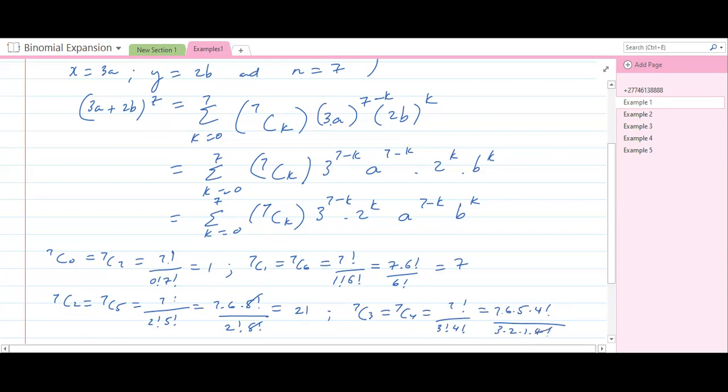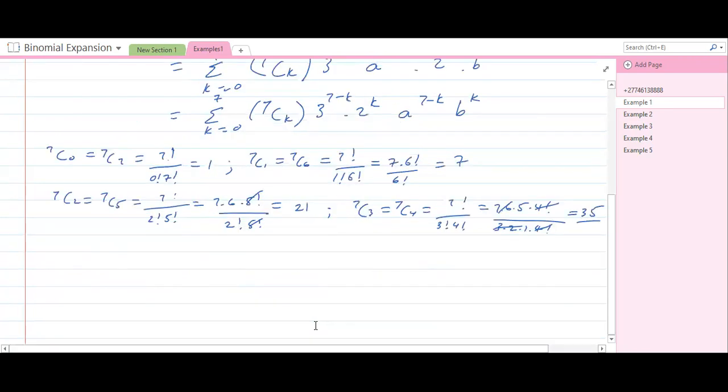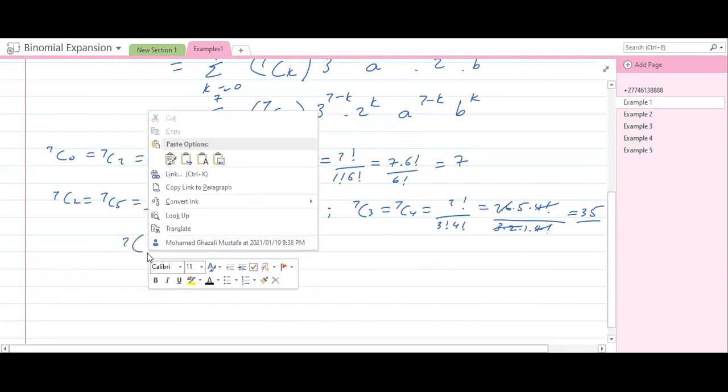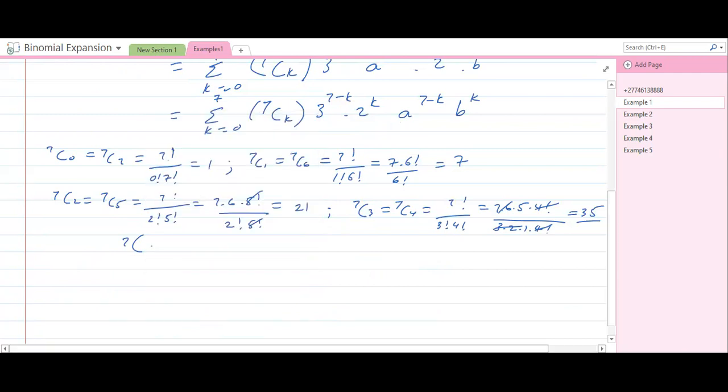The 4 factorials cancel out, the 6 and the 3 times 2 cancel out, 7 times 5, which is equal to 35. And the last one, 7 choose 5. Did we do 7 choose 5? Yes. So 7 choose 4. We have done everything.